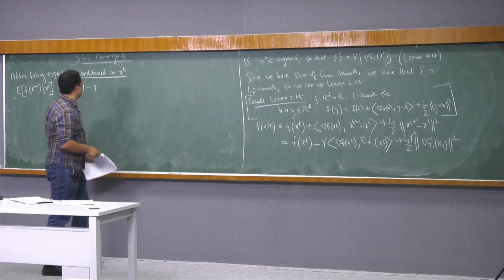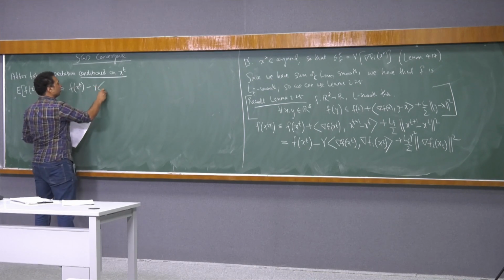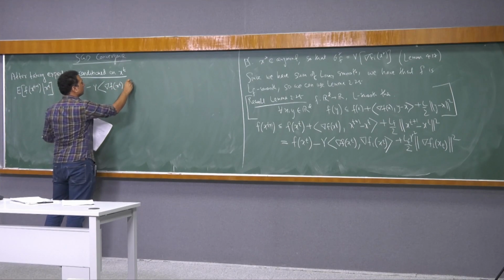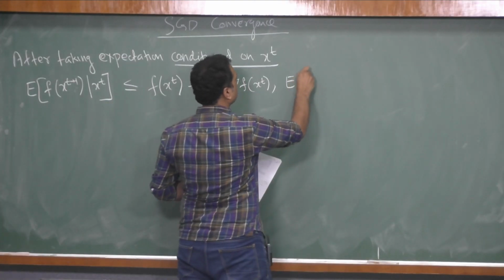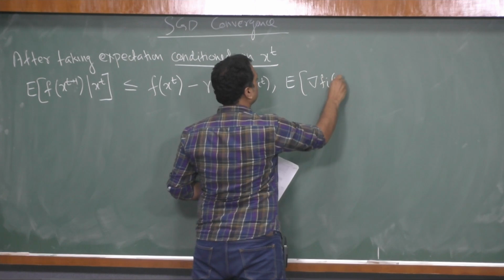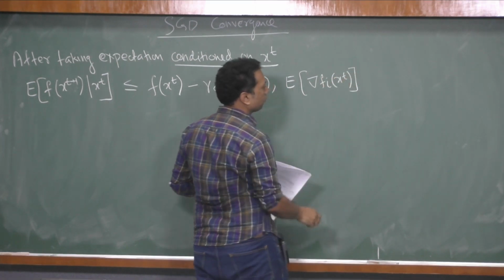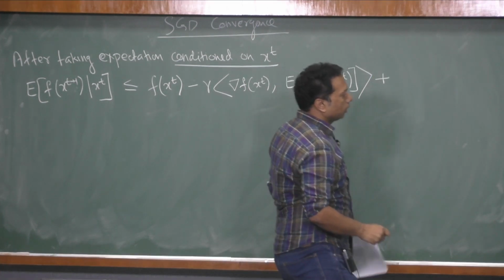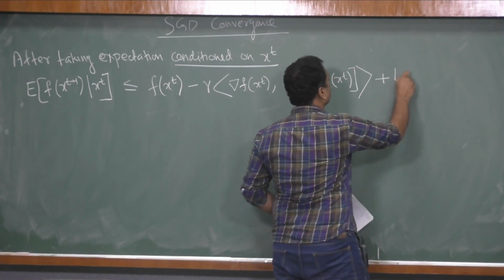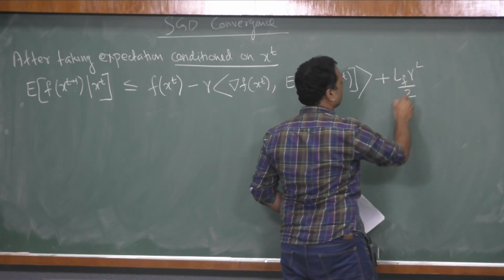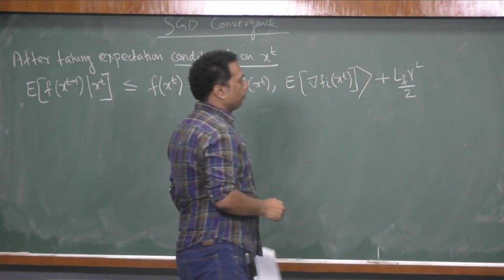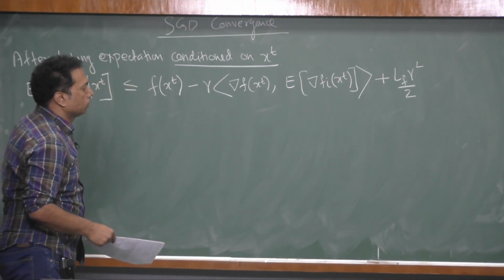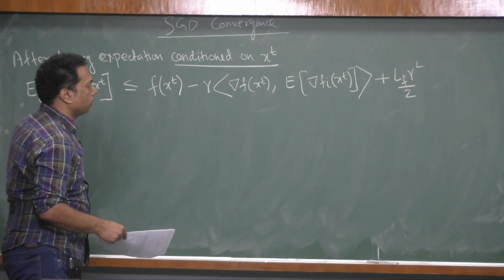We have seen this also in the last class. So grad f(x_t), and this is expectation of grad f_i(x_t), plus L_f gamma square by 2, and expectation cannot go inside the norm. So expectation will be outside the norm.